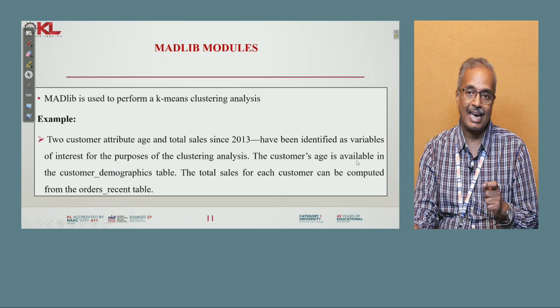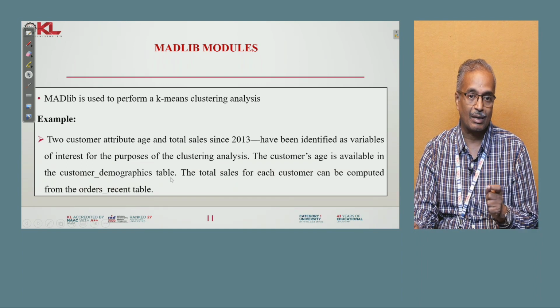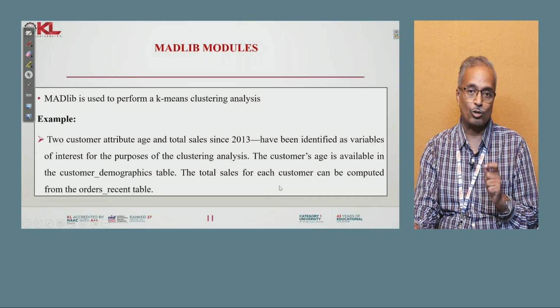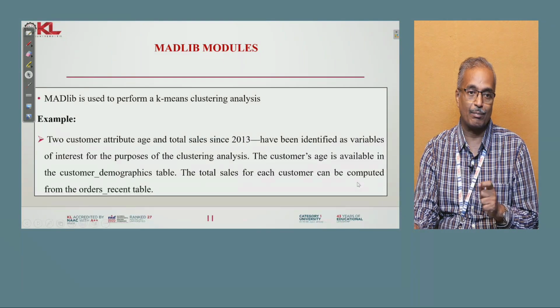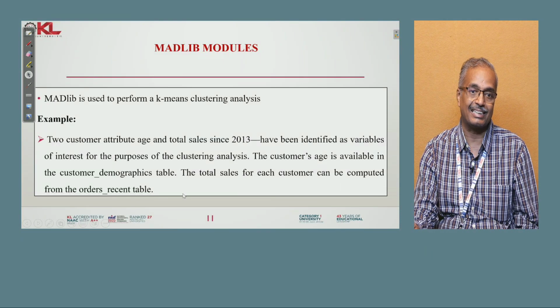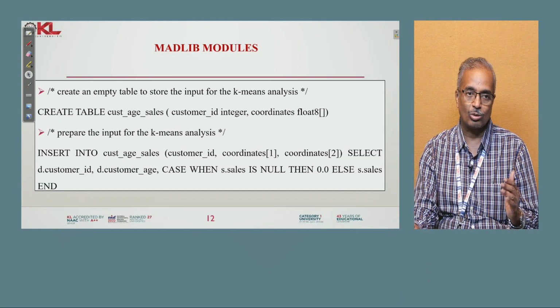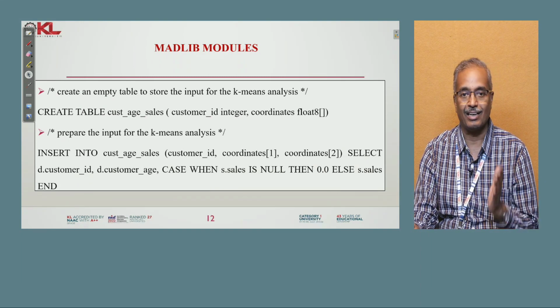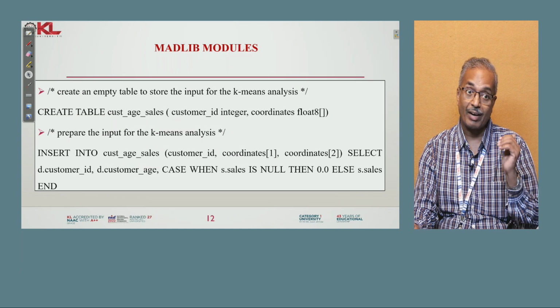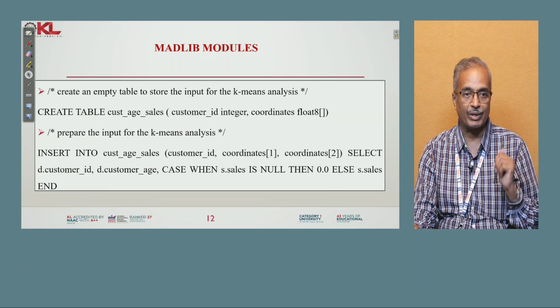The customer's age is available in the customer demographics table. The total sales for each customer can be computed from the orders table. Dear students, I have taken the same tables to give the explanation from one session to another, to avoid confusion, I mean ambiguity.